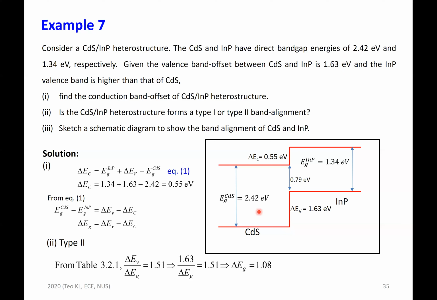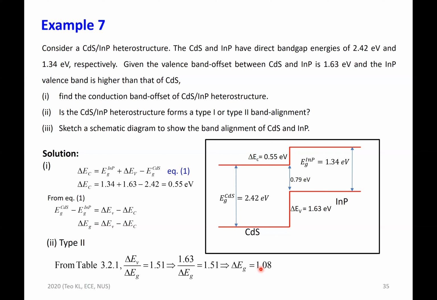And you can simply make a guess, because for a type 1 heterostructure, the change in band gap, 1.08, will be just delta EC plus delta EV. Delta EV is 1.63, and then you try to find delta EC.